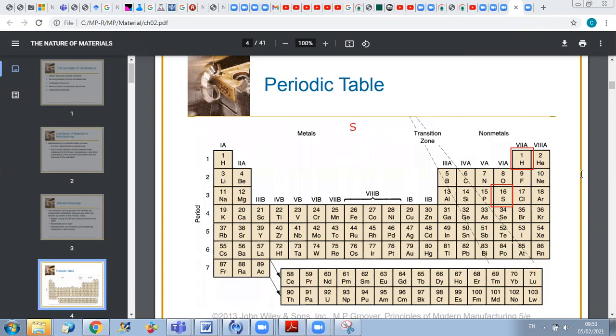Since S is of group 6, it has 6 electrons on its outer orbit. So this is 1, 2, 3, 4. The other two will be shared with 2 hydrogen atoms, which will create covalent bonds.